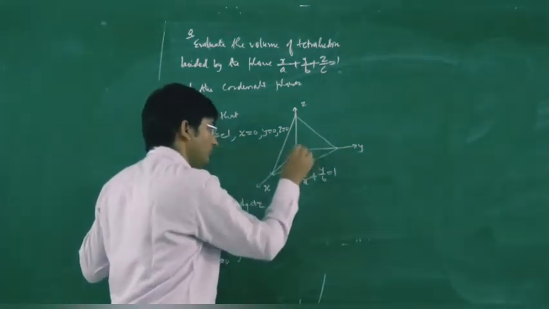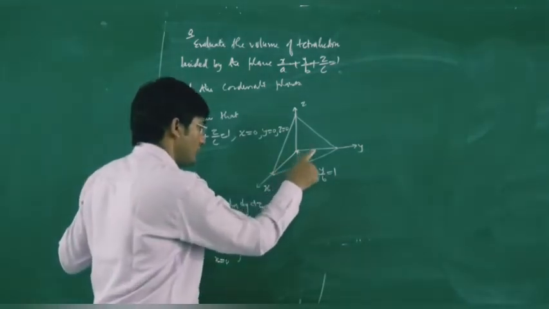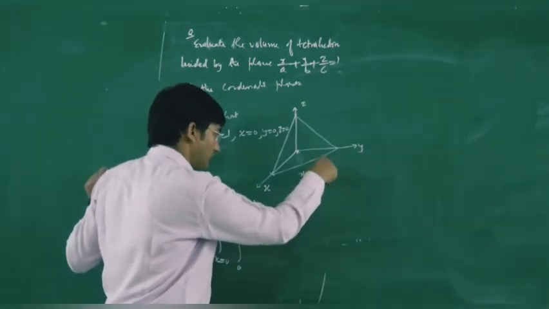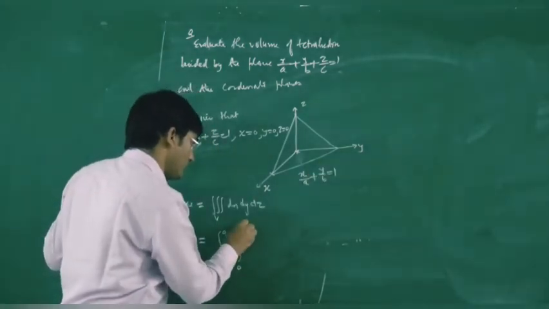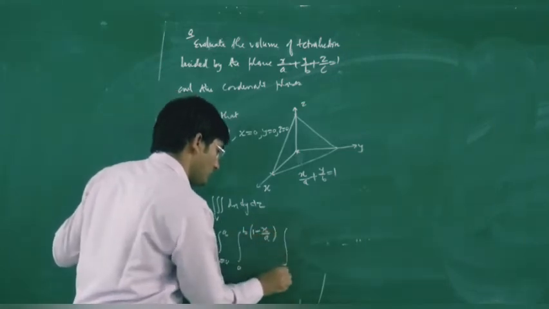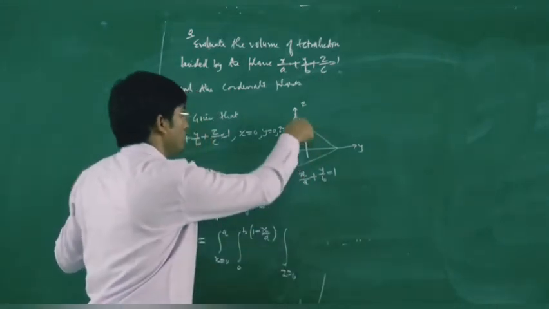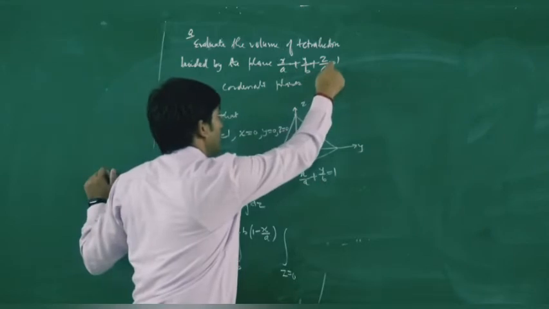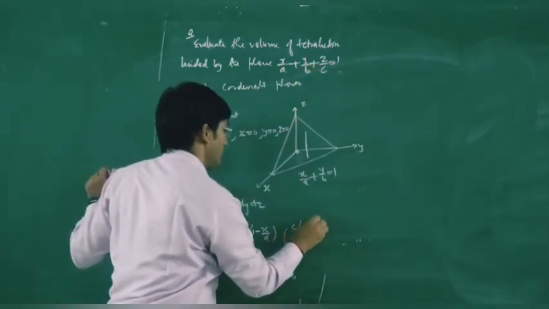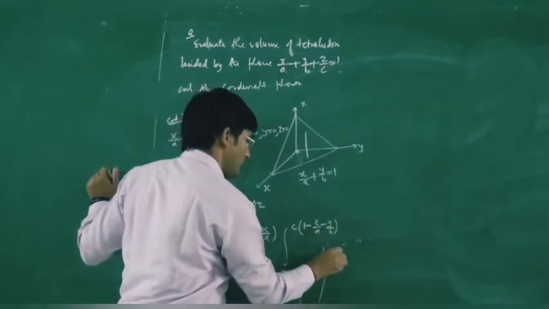So y will be from 0 to b times 1 minus x upon a, and the value of z will be from 0 to the value of z in this plane, that is c times 1 minus x upon a minus y upon b, and this will be dx dy dz.